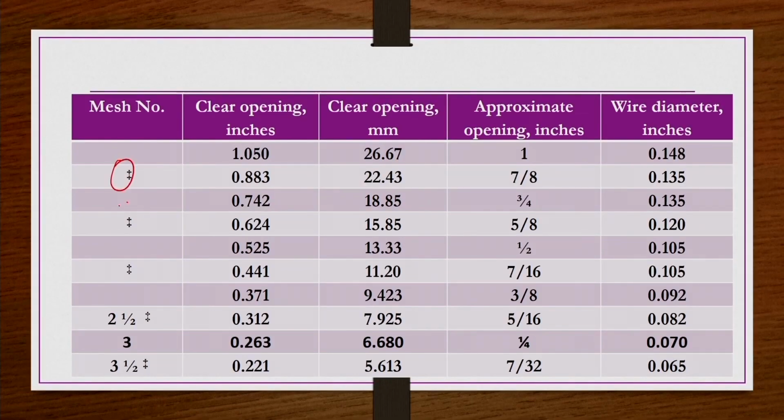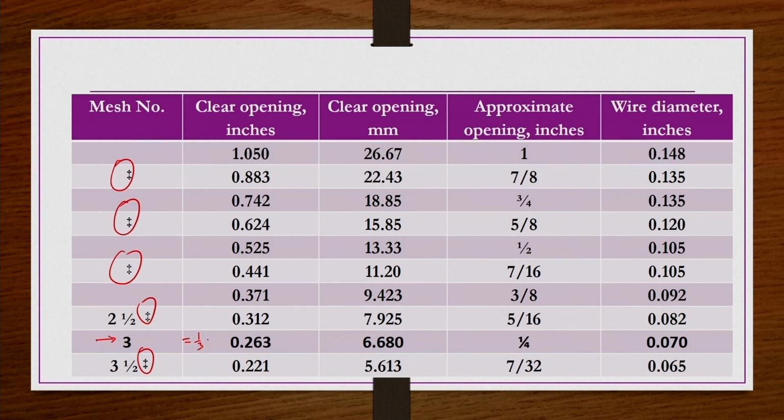Now, we see different mesh numbers, what the mesh opening is, and what the diameter of the wire used is, in a tabular column. Whatever symbols are there, they indicate an intermediate screen, so let us not go for them immediately. Let us say you have mesh 3. This opening should be 1 by 3, because per linear inch 3 apertures will be there, right.